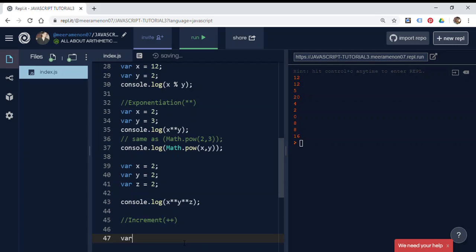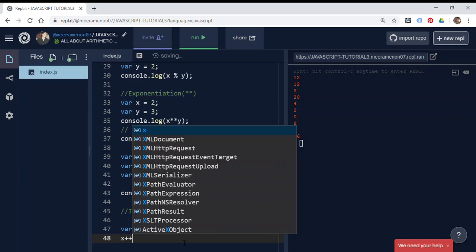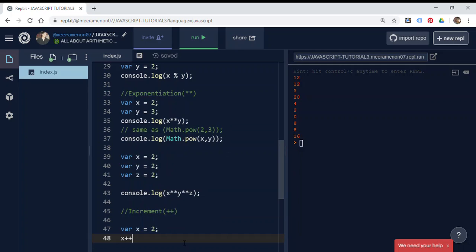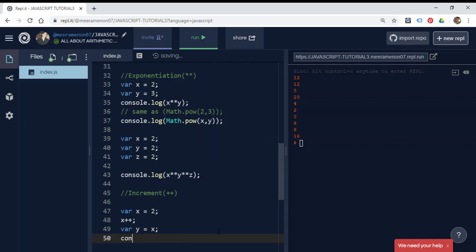Variable x, let's say 2, x plus plus, this is the syntax for it. Variable y equals x, let's say. So console.log y.